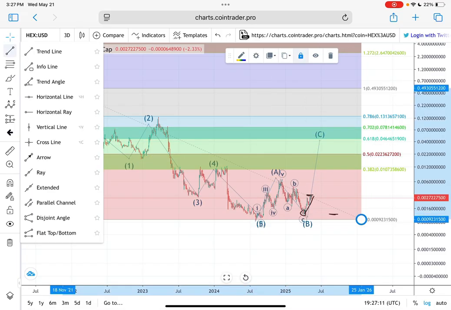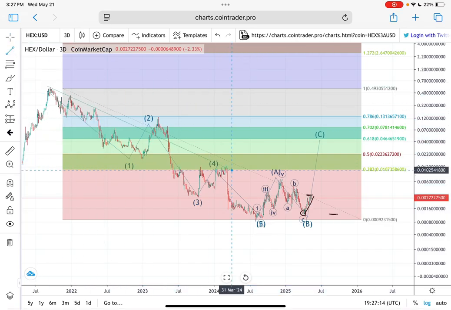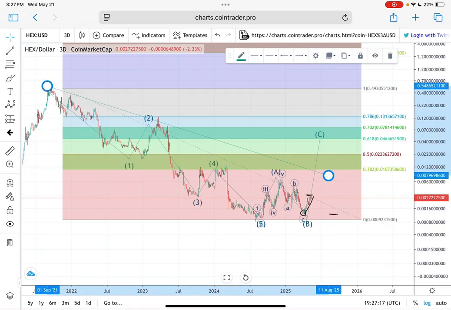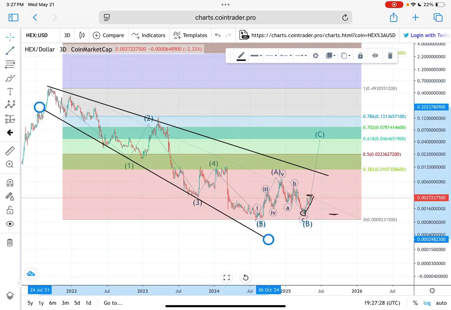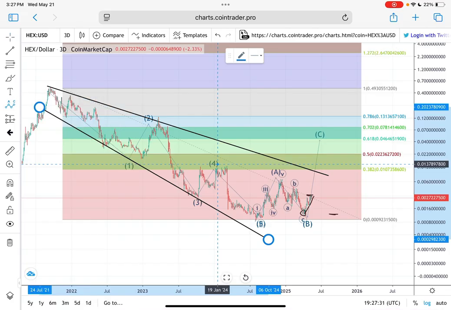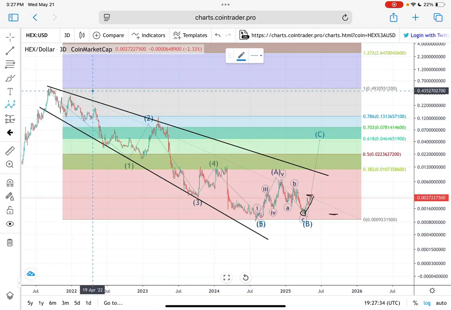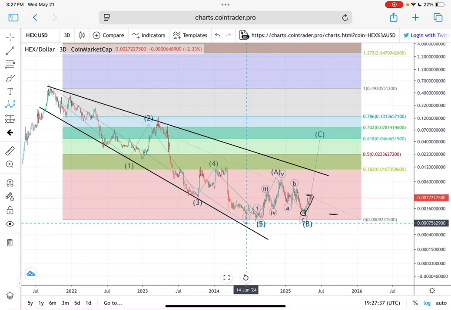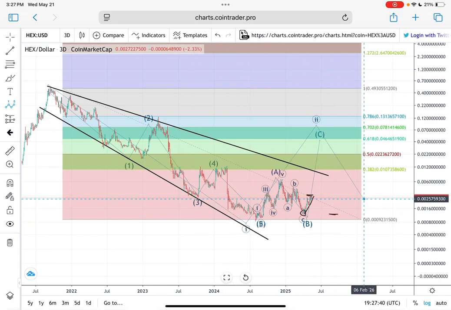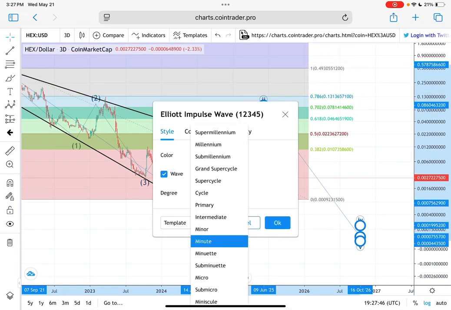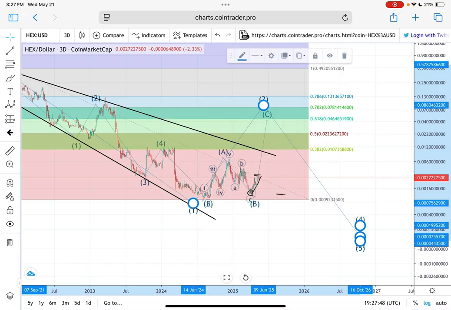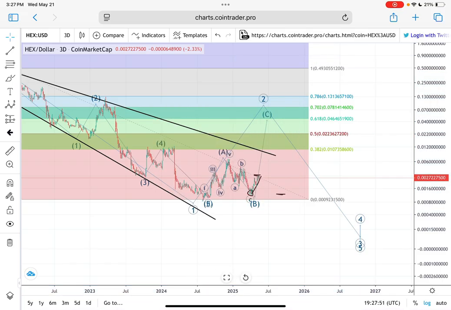So that's where you'd want to be cautious, because this could just be a wave 2, where this is your wave 1, come up for a wave 2, and then you come down for a wave 3, 4, and 5, and so forth. Like this.